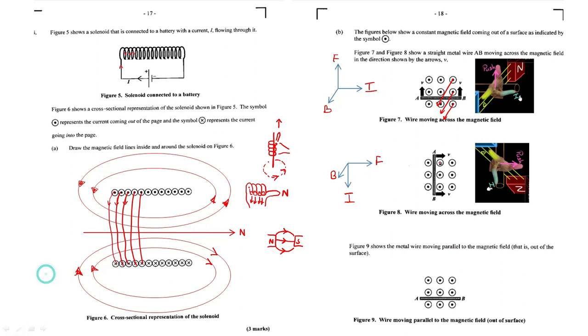If I draw the field lines here, that wire, moving this way, is going to cut right across the field lines at some point. And if the motion of the wire is in this direction, and again the field lines are coming towards us, let me draw it a little better.